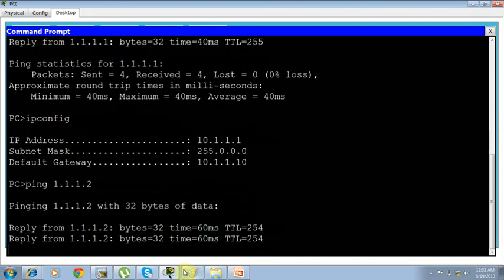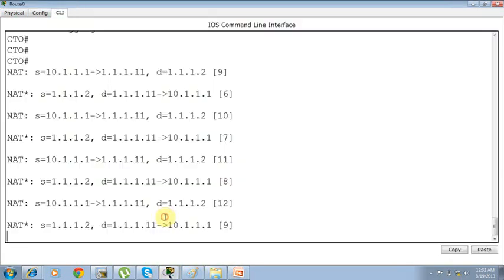So when I start ping and I see on the router, you can see here the result of debugging. Means 10.1.1.1 is being translated into 1.1.1.11, and this is the destination, the IP address of the service provider router. And when the service provider router replies, it will send traffic to 1.1.1.11, because this router doesn't know the actual local area network IP of PC0.